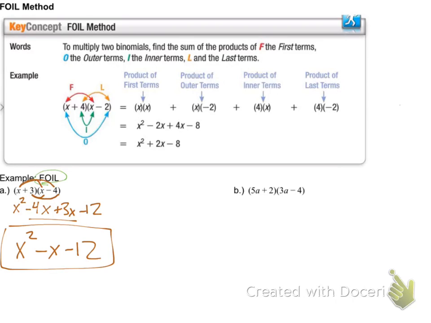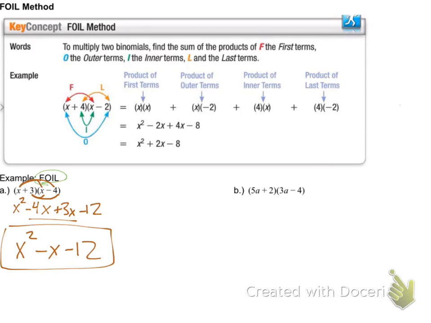Then I went back and distributed the 3 through. So x went first, all the way through, 3 went through second, and I multiplied them. I'll give you a couple seconds here, and then we'll do part B.